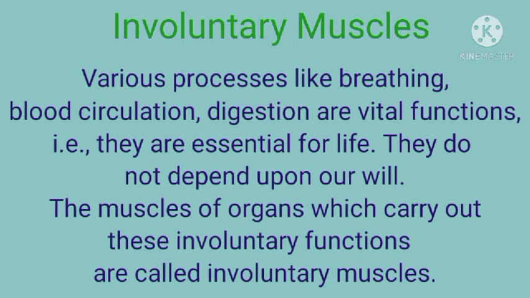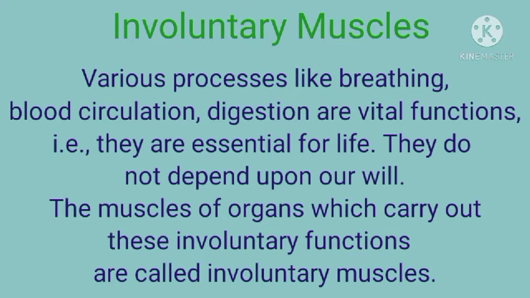Such types of muscle are called involuntary muscles. It means they function on their own. Their movement does not depend on our will, so we cannot control them. We cannot control the movement of such involuntary muscles, and hence they are called involuntary muscles.